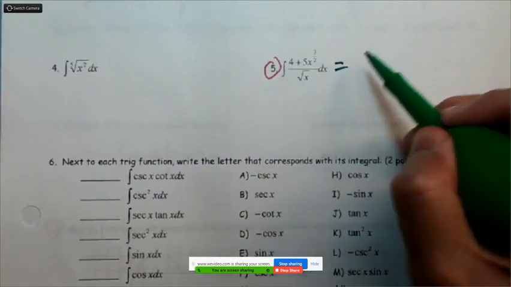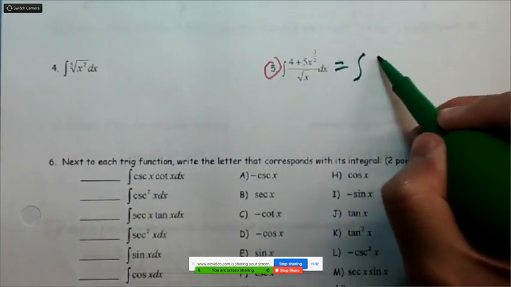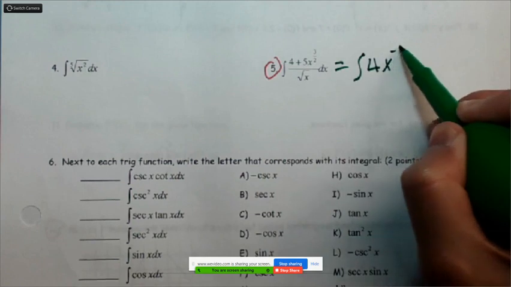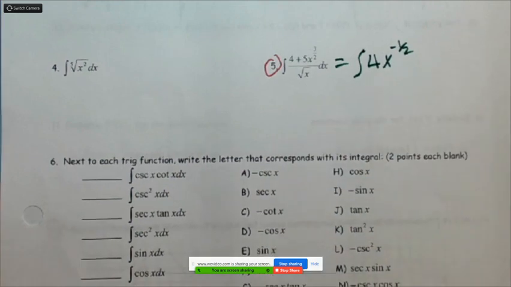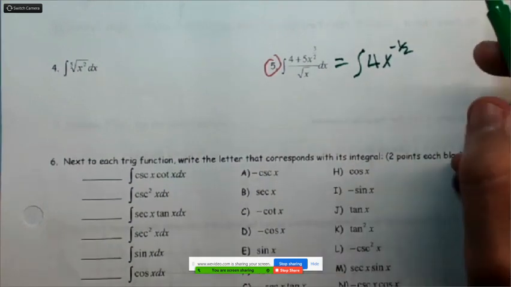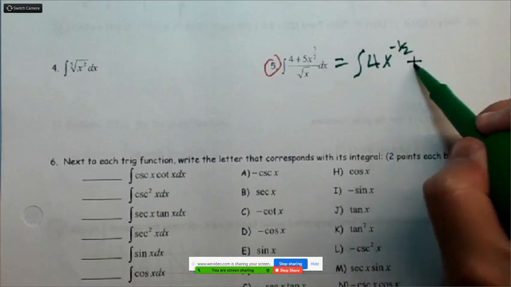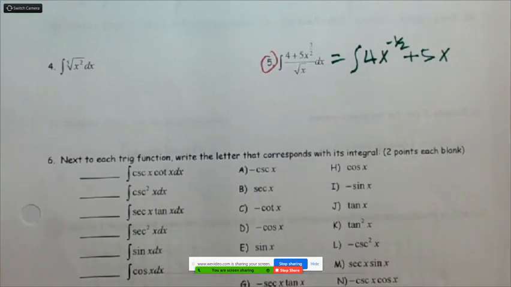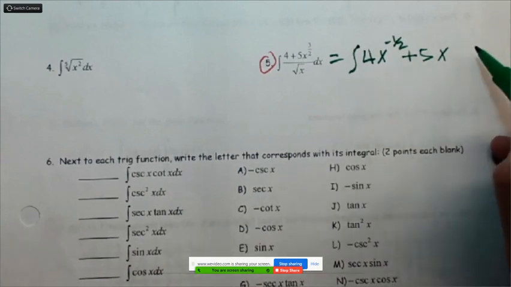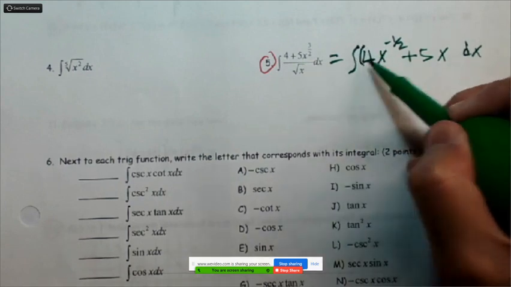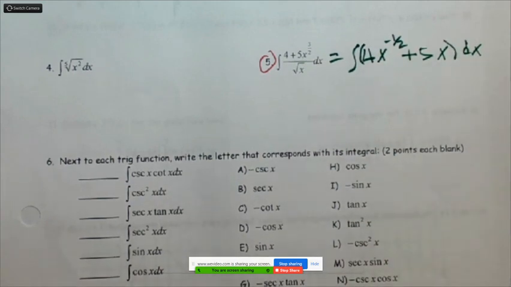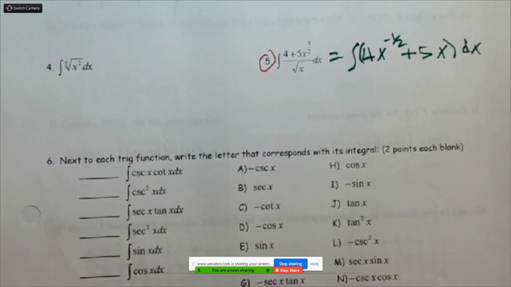So this basically is the same thing as the integral of 4x to the -1/2, with the negative because we're bringing it to the top, and then we have plus 5x, because if I have 3/2 minus 1/2, it is 2 over 2. That becomes 1. And I should write dx on here. Parentheses if you want.